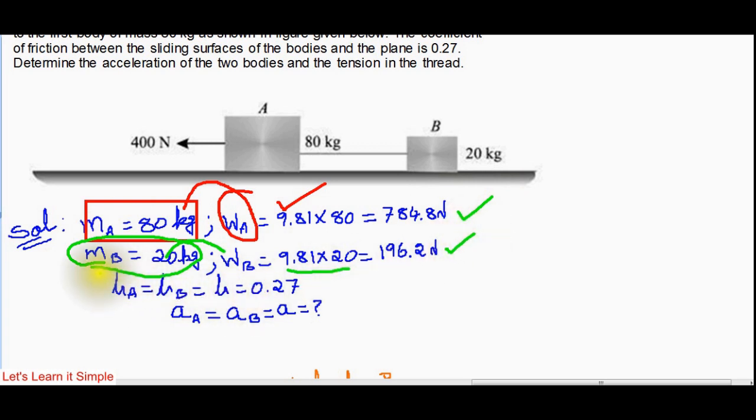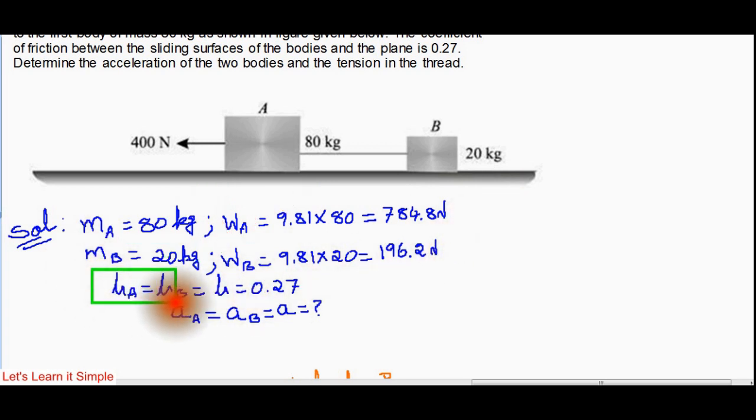Then the coefficient of friction between A and B are same. Therefore, mu A is equal to mu B, which is equal to mu, which is taken as 0.27, which is part of the question. Then, as already said, since blocks A and B are connected together, acceleration of A and B are same. Therefore, it is taken simply as a.